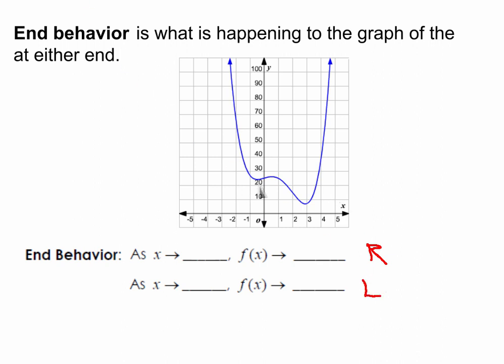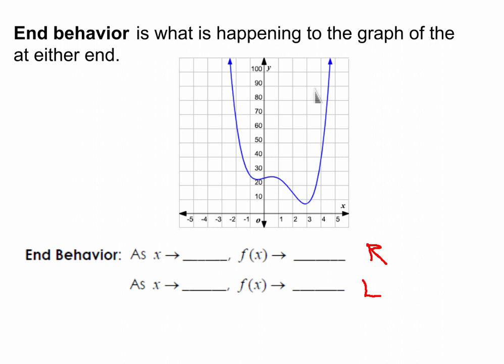So let's take a look at our graph. Let's start with the right. As I move to the right, my graph has these arrows at the end of it, meaning that this graph goes on and on and on forever. It just keeps going. It never stops. So on the right-hand side, x is going to infinity.